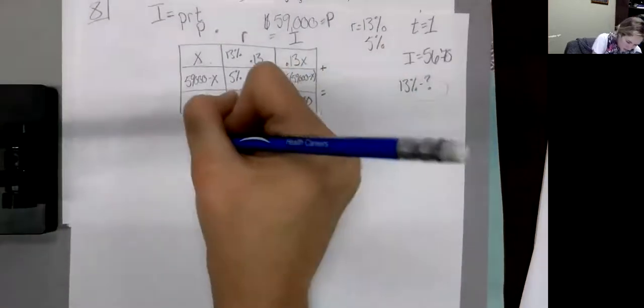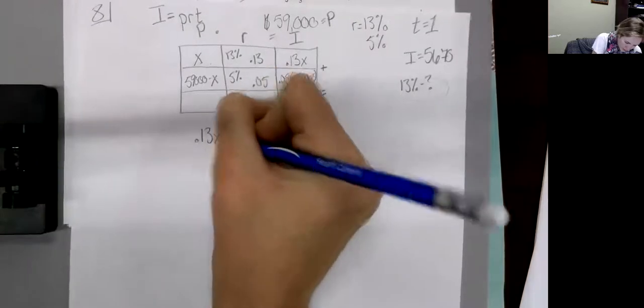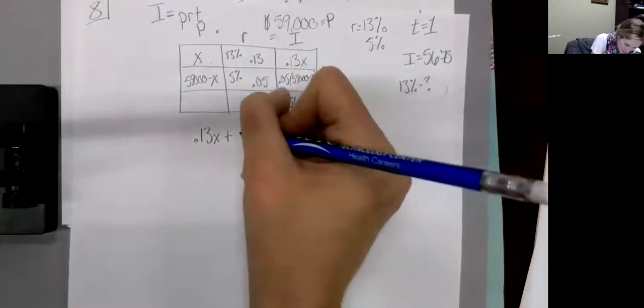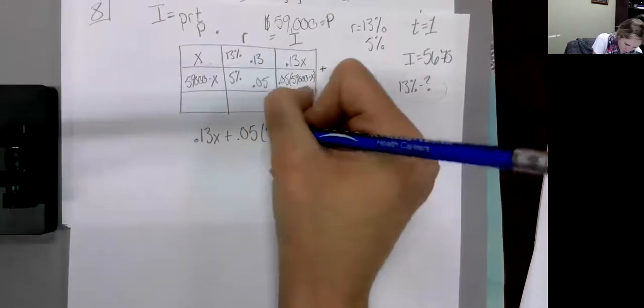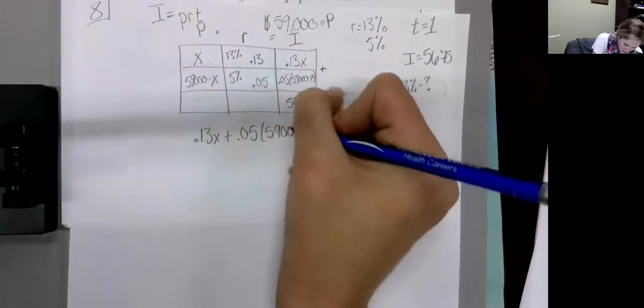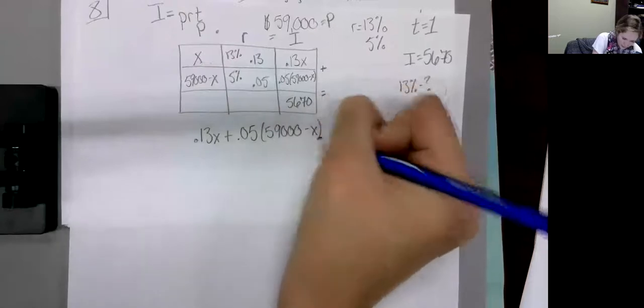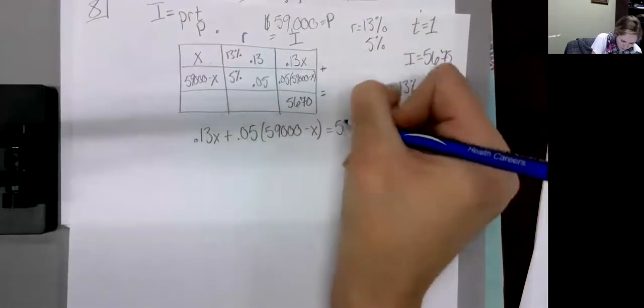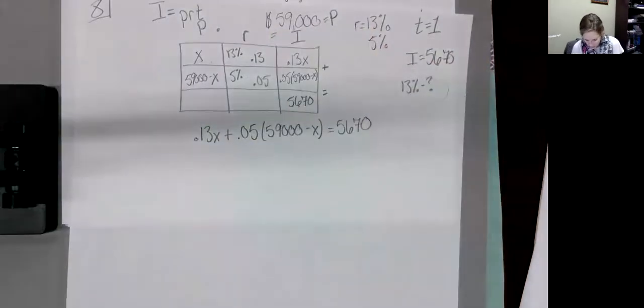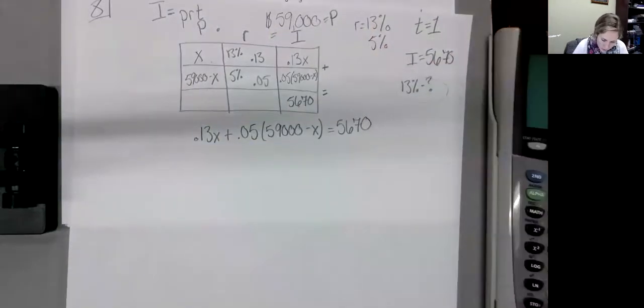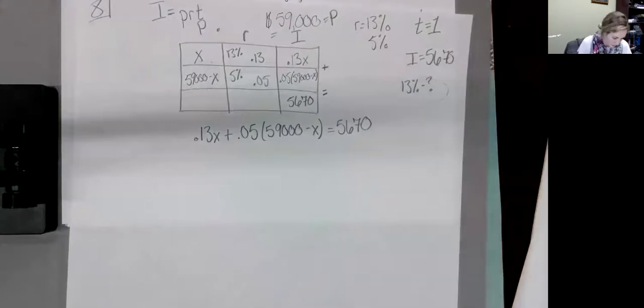I'm going to have 0.13x plus 0.05 times 59,000 subtract x equals 5,670.